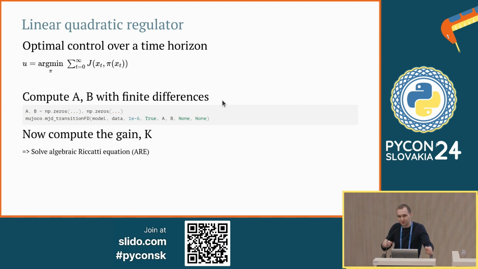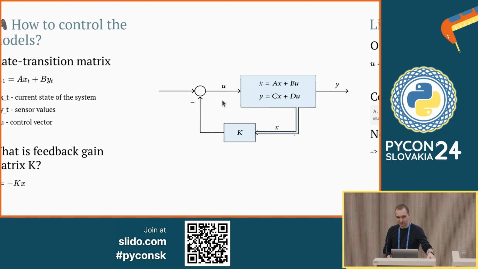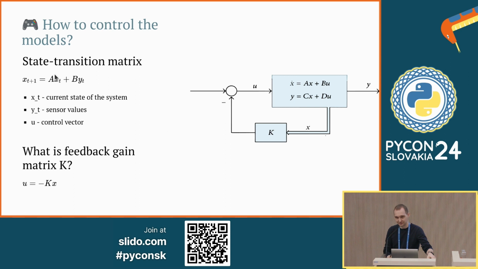What this means is we want to find some action that will bring us to some target while not spending too much energy over time, and how quickly it will get there and so on. So we can balance things. We can balance that maybe some joint positions are hurtful to the robot, so we can penalize them and so on. But that all needs this A and B. If you remember A and B, the state transition matrices, the two matrices over there.